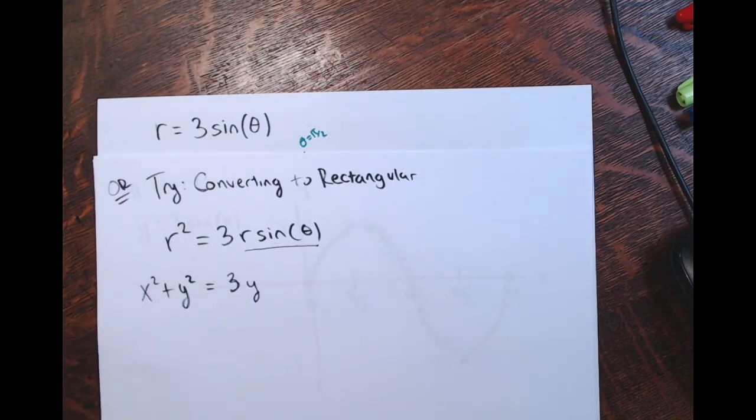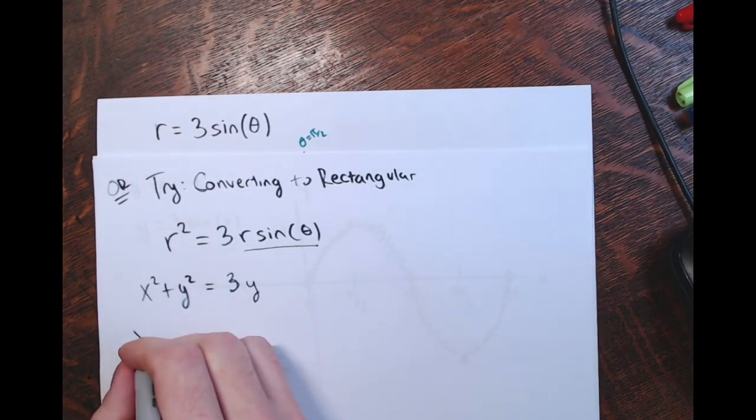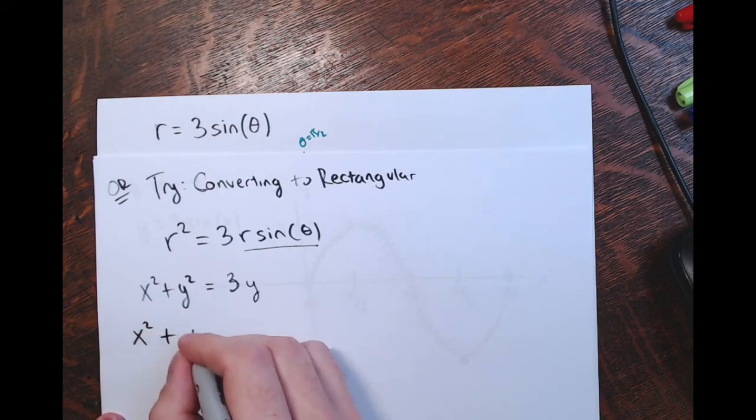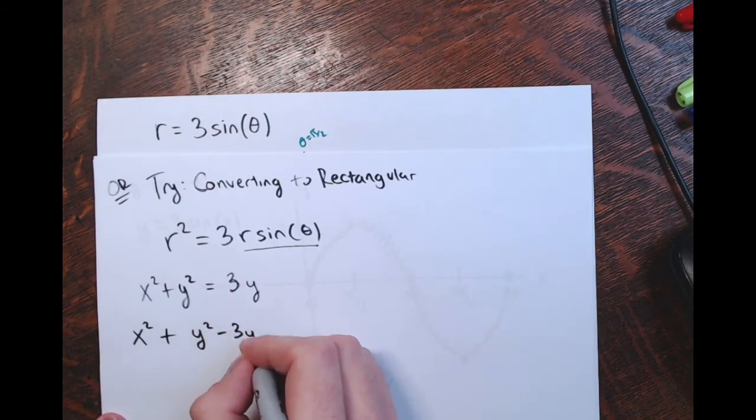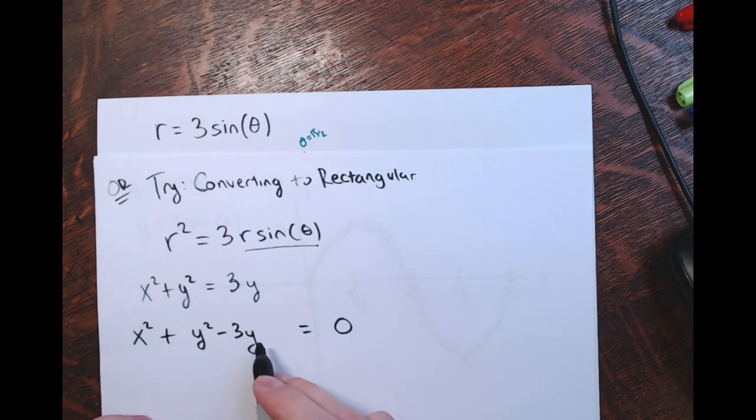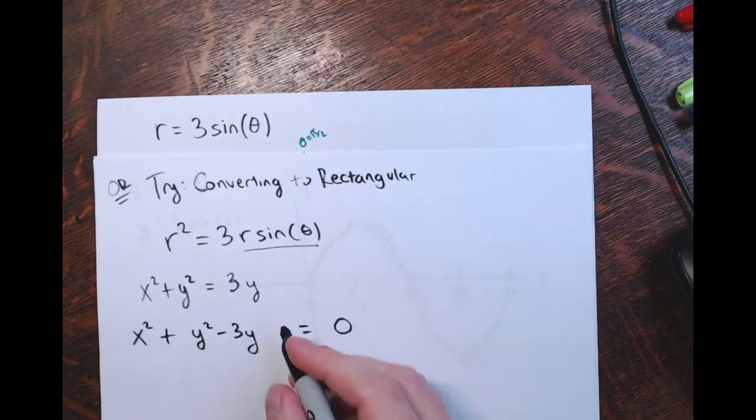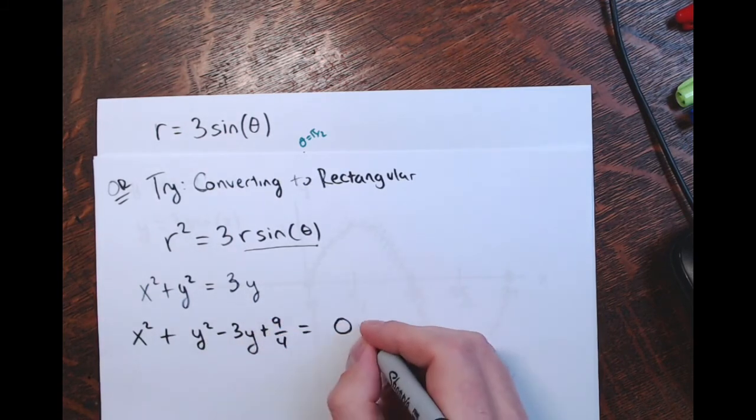And this is the equation of a circle. That same circle in rectangular, and let me show you this. Take away the 3y, so we have x squared plus y squared minus 3y equals 0. Complete the square on the y's here. We would add 9/4 to both sides.